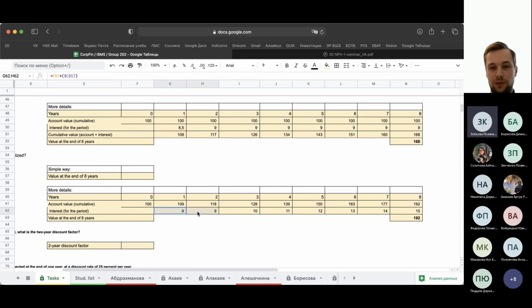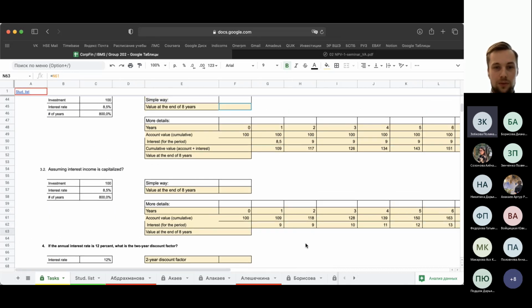And that's why our interest payments are also growing with time. In the first case, our interest payments were the same every year. In the second case, our interest grows with time, and we have much more money in the end. Okay, so any questions for this part?